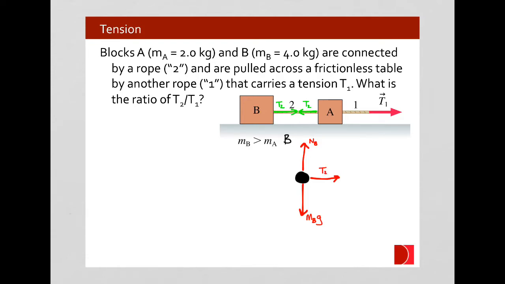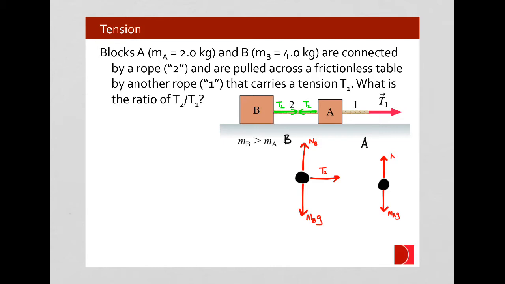Doing the same for A, we have a force of gravity. Force of gravity is smaller because the mass of A is smaller, and we have a normal force going upwards.